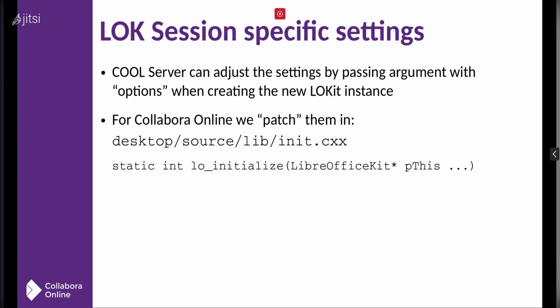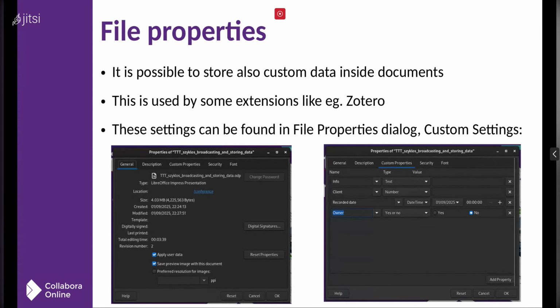We pass from the Collabora Online server, and we set up all we need in the core. For example, the important piece is language, which can be different for different users, and it depends which language we have set. We can have, for example, different units by default in different places. So it's very important to set up that.